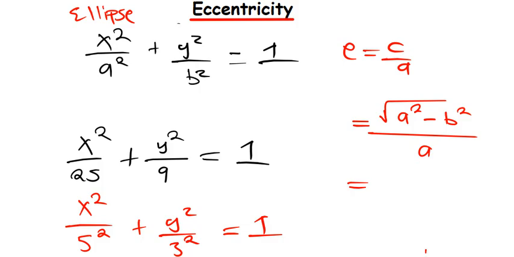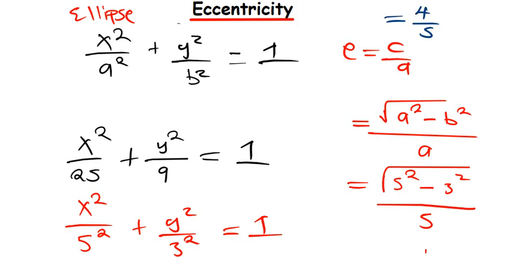Our a is 5, so 5 squared minus 3 squared over 5. So 5 squared is 25 minus 9, that's 16. So we end up with root of 16 on top, which gives us 4, and then we've got a 5 down there. So 4 over 5, which is less than 1. That's the eccentricity of that ellipse.